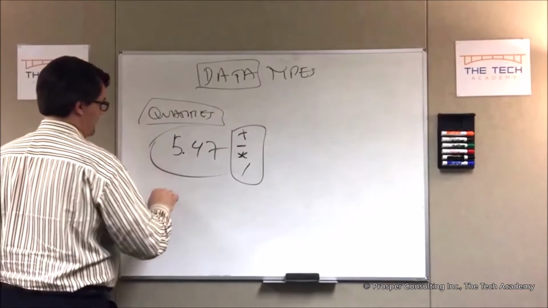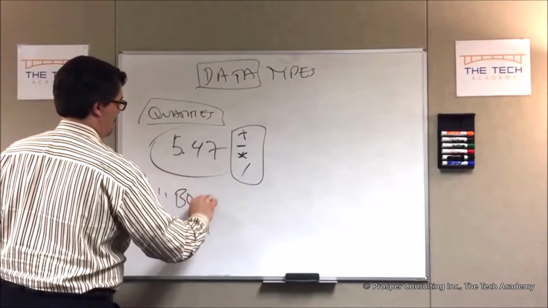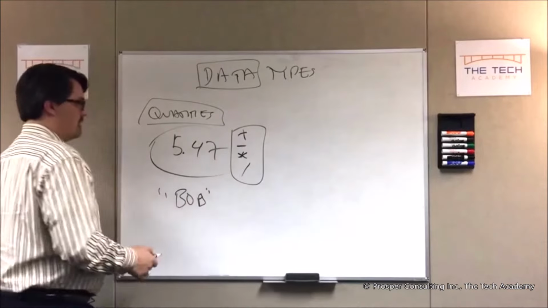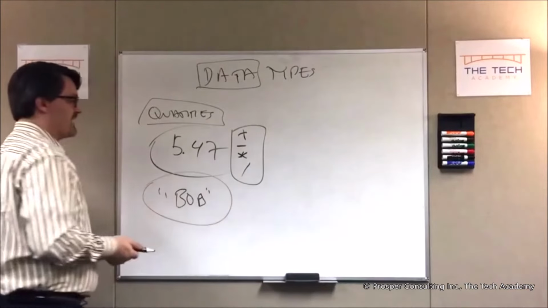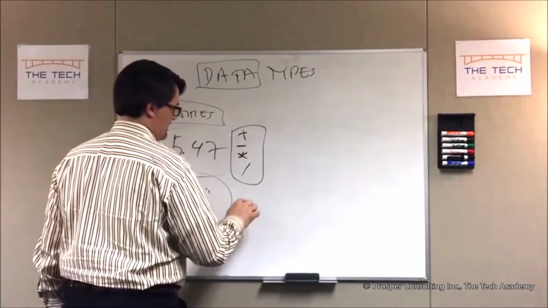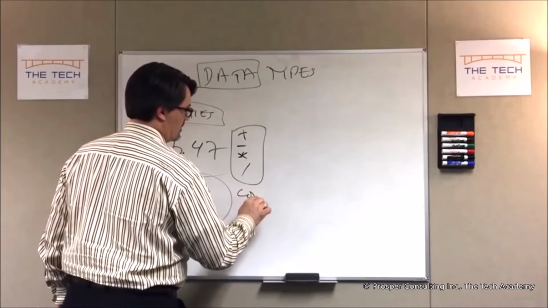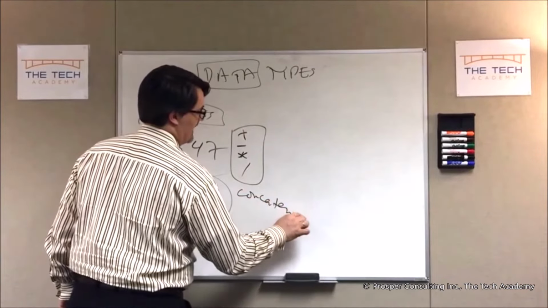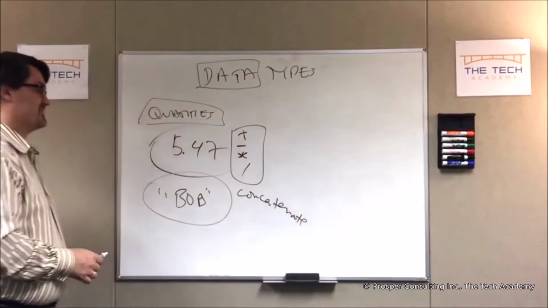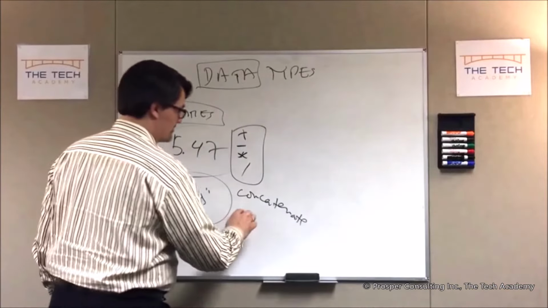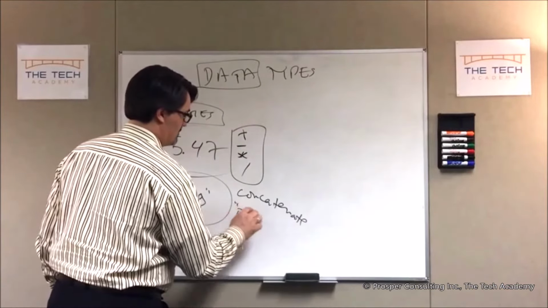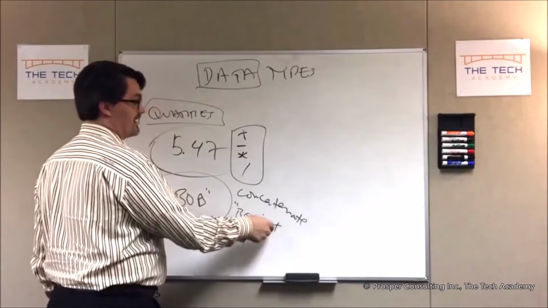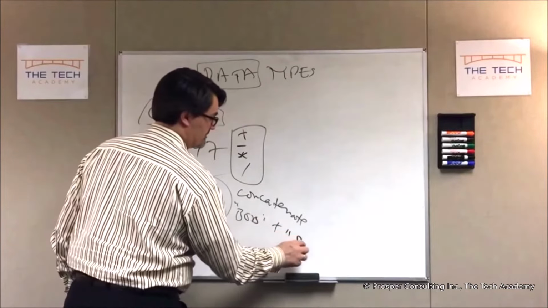There's another type of data that could be Bob. Well, that type of data is optimized for doing things like concatenate. That's a fancy word meaning stick together. You could take Bob and concatenate it, add it together with Smith.